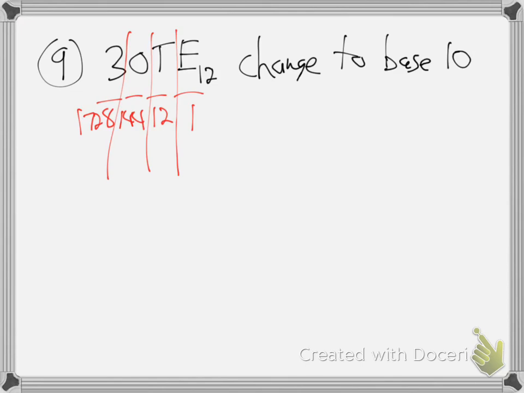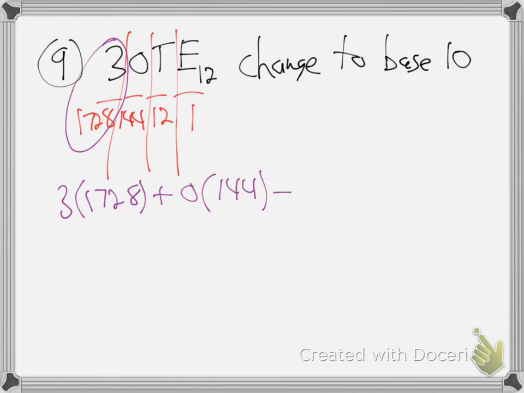Okay, so then what do we do from there? Just multiply on your calculator. Just take 3 times 1728 plus 0 times 144. And then T, as you know, is 10. So that's going to be T for 10 times 12 and E for 11 times 1.